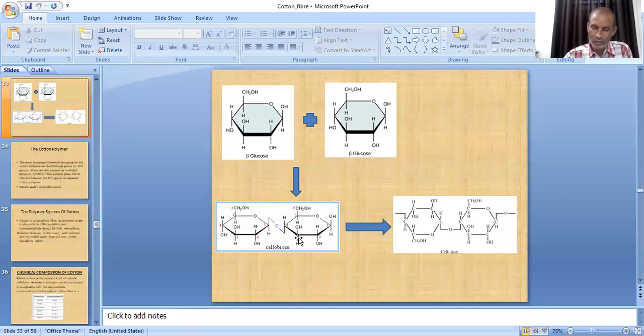And this hydroxyl group has a specific significance, because hydroxyl groups are polar in nature, and these polar groups attract water molecules, and if they attract water molecules, then water molecules can enter into the amorphous region of the polymer system if amorphous regions are there.